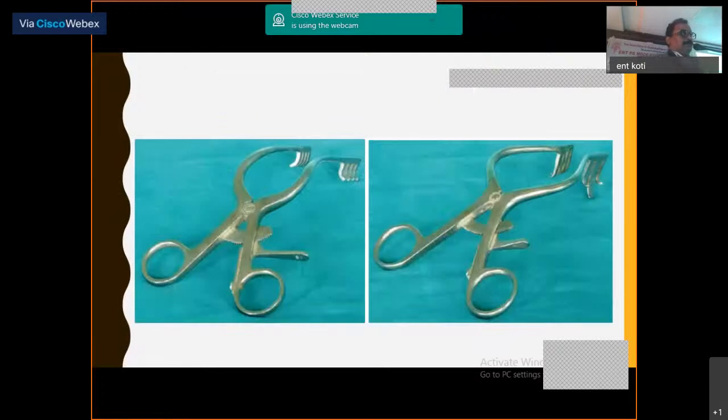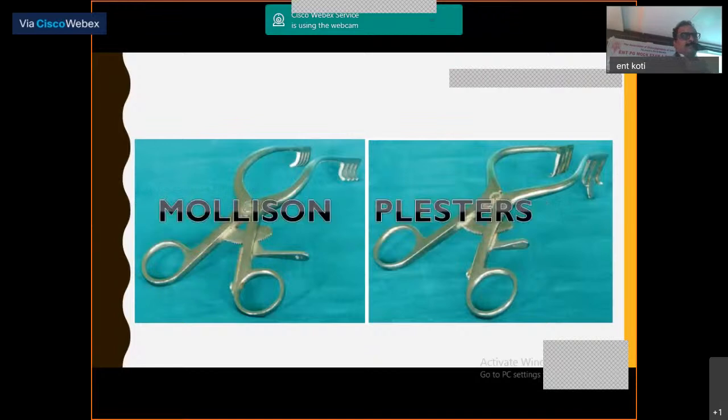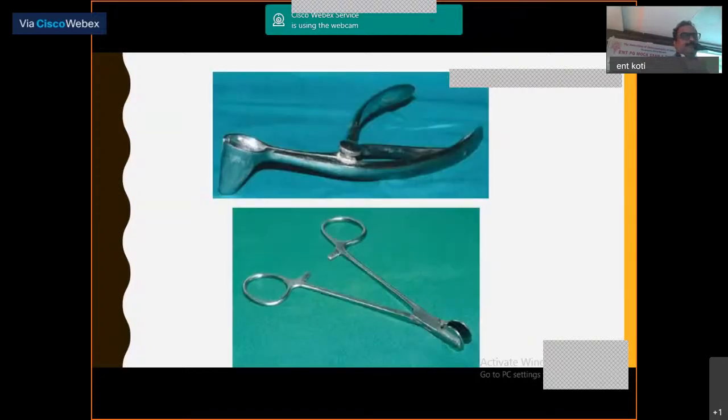So what is this? Okay, this is that one. On one side you will find that it is a mollison's, this is a cluster, mastoid retractor. Okay.